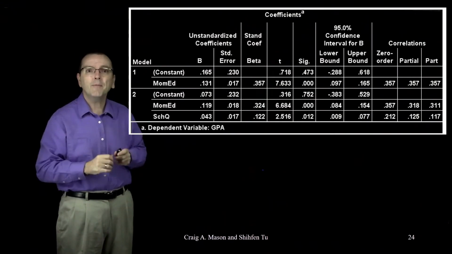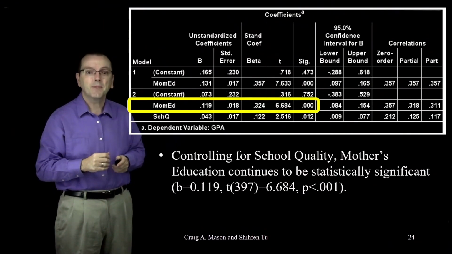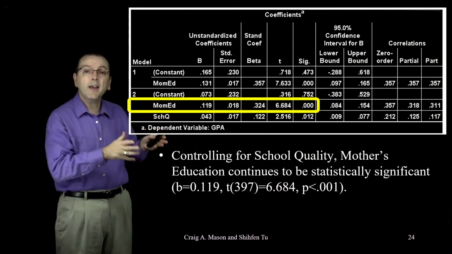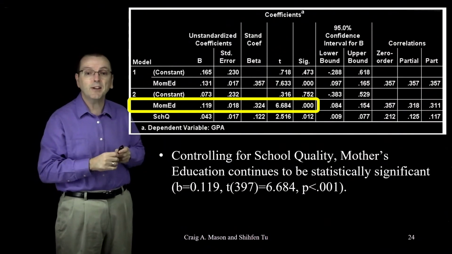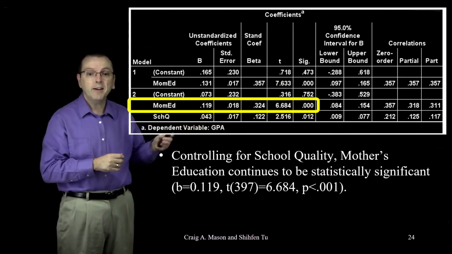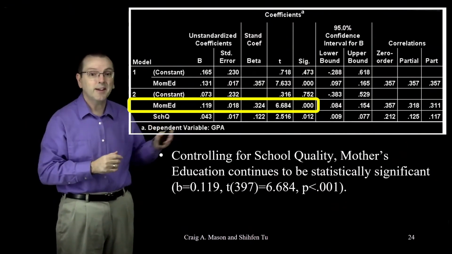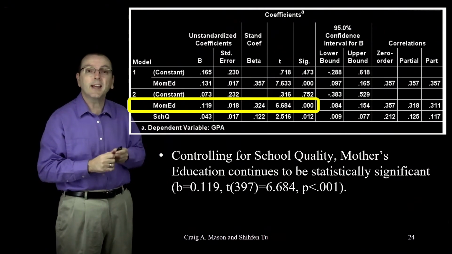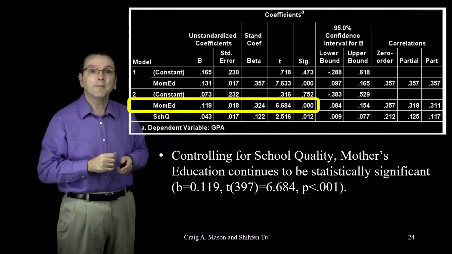Now, while we're here, let's also look at mother's education. Okay? Controlling for school quality, mother's education continues to be statistically significant with a regression coefficient of 0.119, and t with the 397 degrees of freedom again is equal to 6.684 with a p less than 0.001.